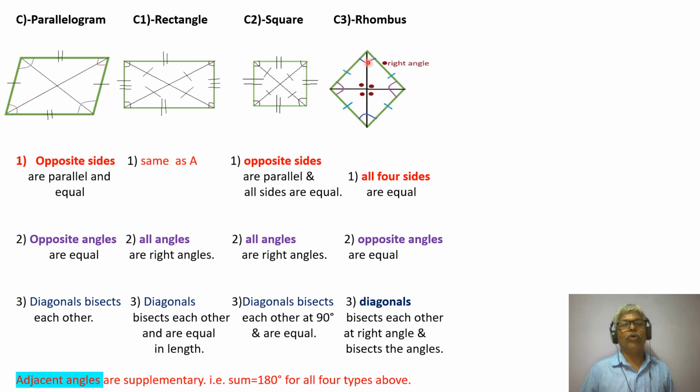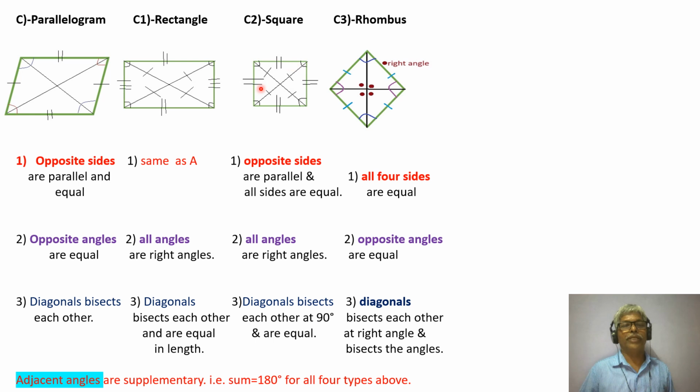So opposite angles are equal. And diagonals bisect each other at right angle and bisect the angles also. See, this is a right angle, and they even bisect the angles.